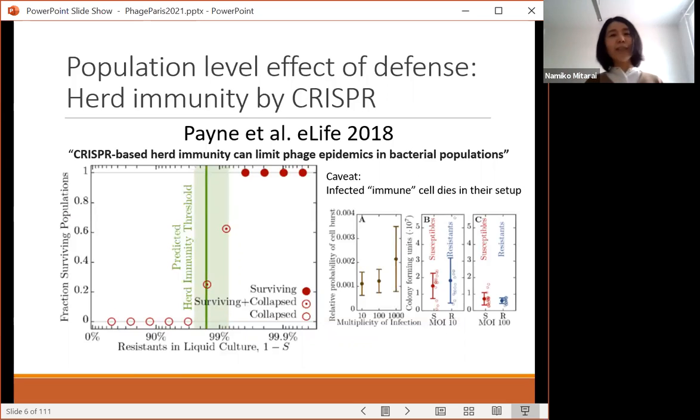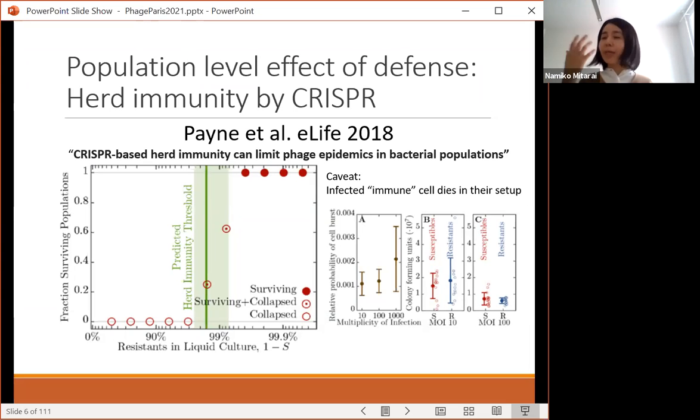Of course, these individual molecular mechanisms have been studied a lot, but relatively recently there was some work that tried to see how these defense systems play out in a population dynamics context. There is a very nice work from 2018 by Payne et al. that used the CRISPR system to see if it can provide so-called herd immunity.